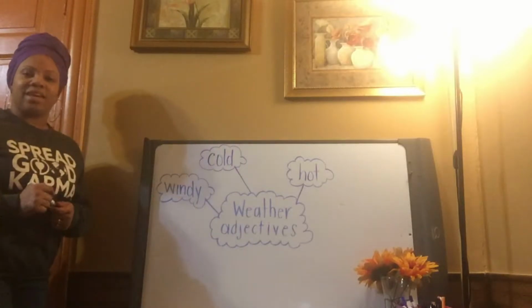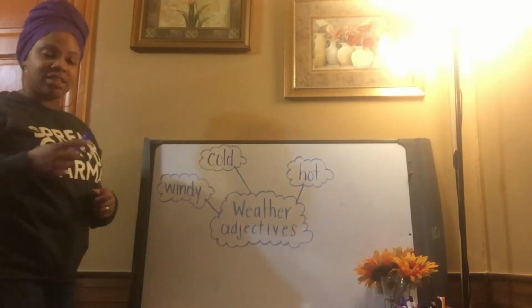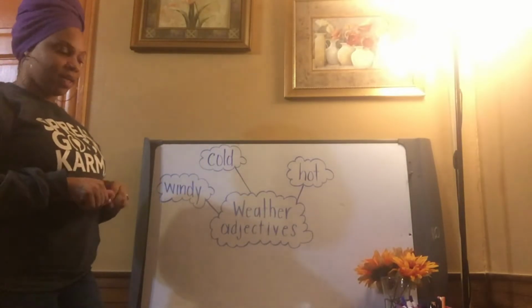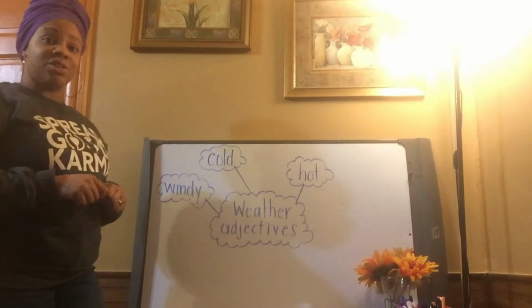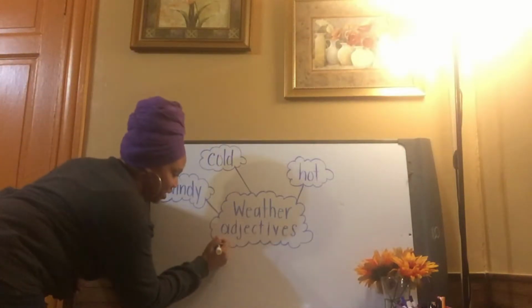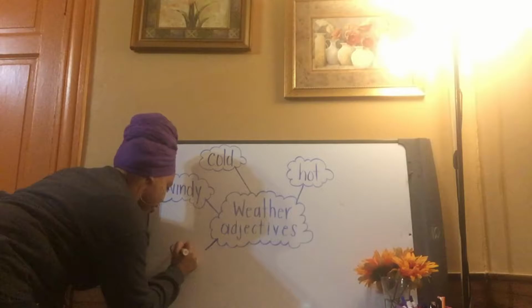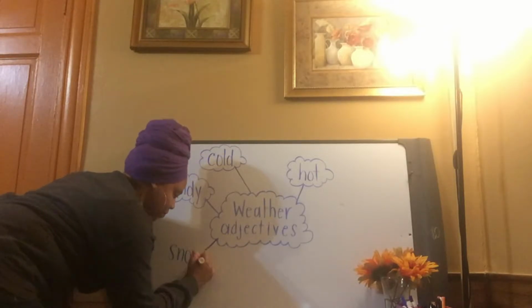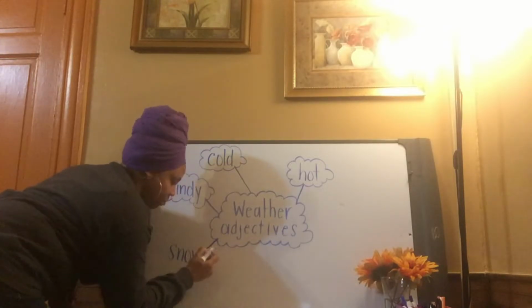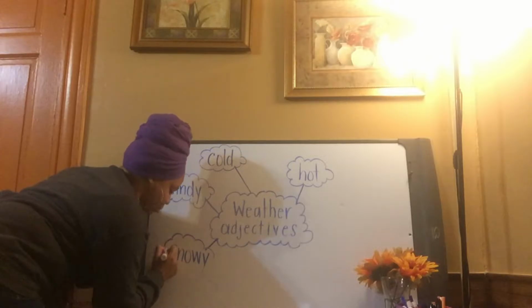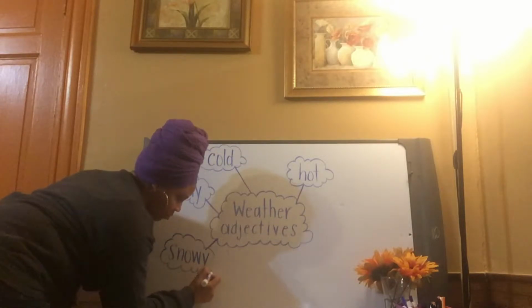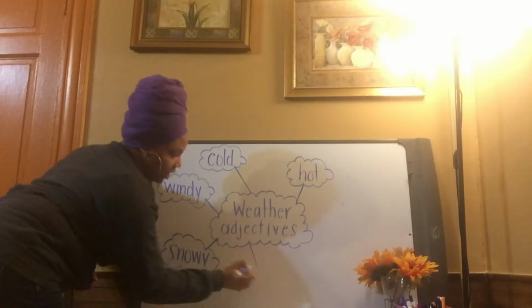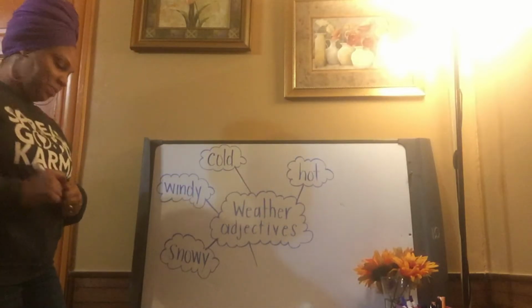What about Brother Nathaniel? Can you give us an adjective to describe the weather? Snowy, very good. Snowy is another way that we can describe weather. All right, I need a mighty scholar to give me another one.